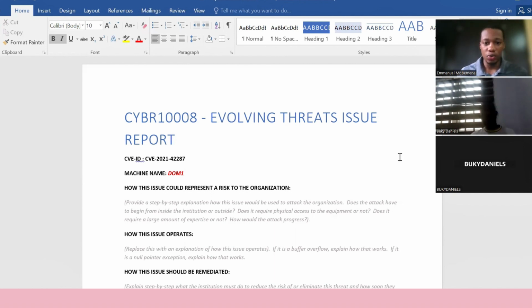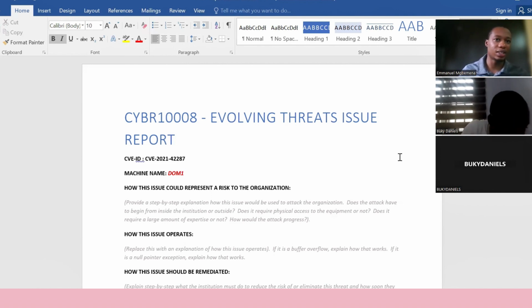So the next one is asking, how would the attack progress? Again, it's coming from the person. For some reason there's malware in that computer, or even if it's not necessarily malware, someone does something that gives an external person access to that computer.